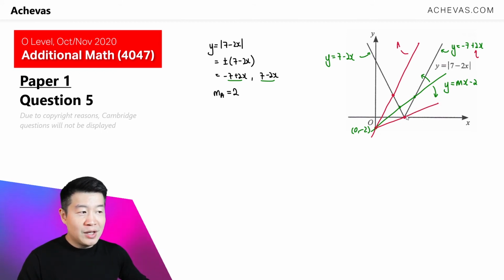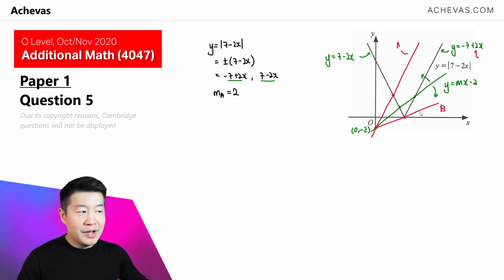And we can see that it will start to cut the graph at 1 or less, no more points. Okay, because if it is this, it is going to be cutting at 1 point. If we were to make it even more gentle, there will be no intersection at all. And I'm going to call this line B. And this will define for us the smallest possible m before it is going to stop cutting the original graph at two distinct points.